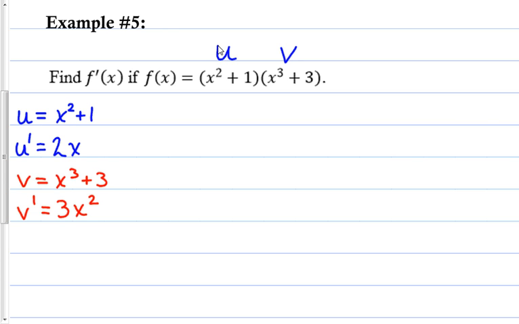So then the derivative, f prime of x, that's what I'm looking for, is going to follow the product rule, which is u times v prime. The first times the derivative of the second. That's the first half.